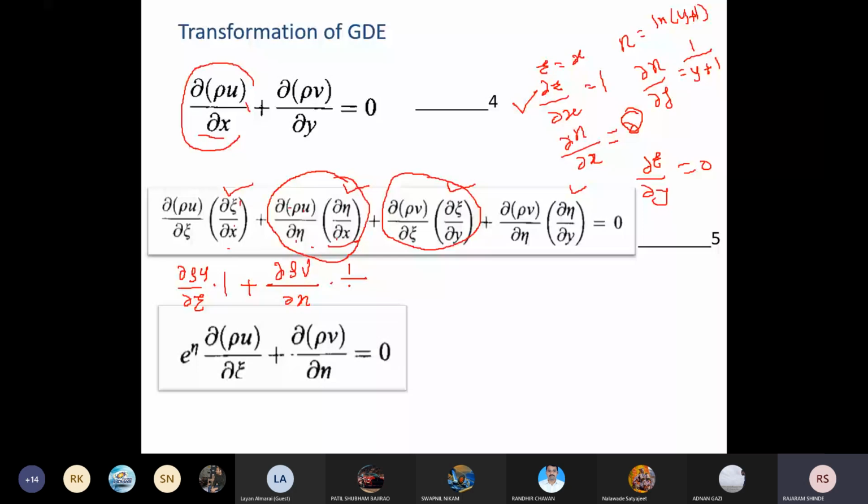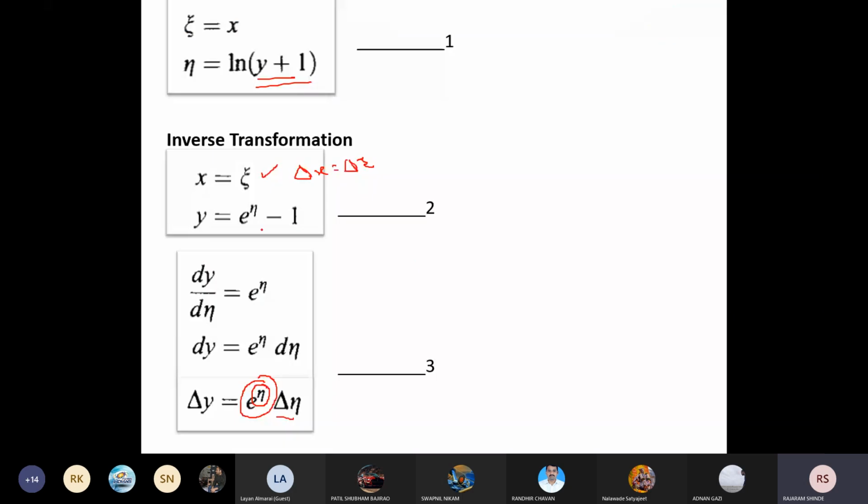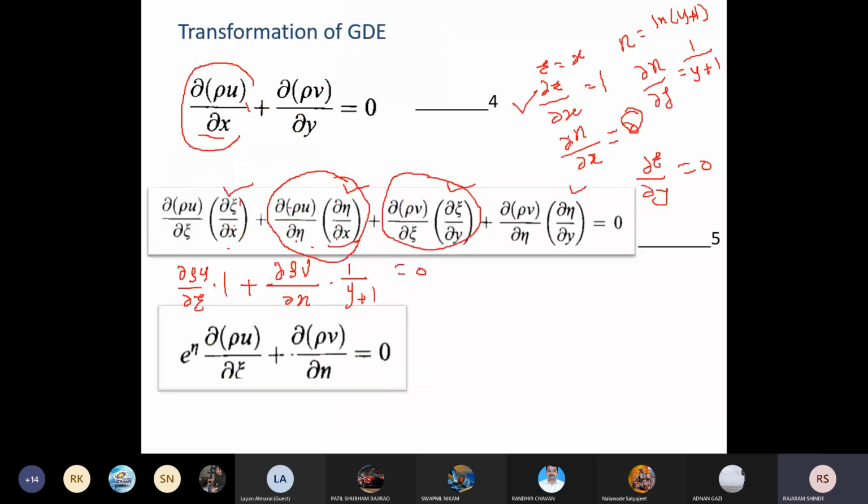Now if you go to this one, y is equal to e raised to η minus 1, because we have written the equations in terms of ξ and η, so we have to replace y. I will write here y is equal to e raised to η minus 1. Now when I put this y in this equation, this 1 will be cancelled with the 1 and you will get 1 upon e raised to η.